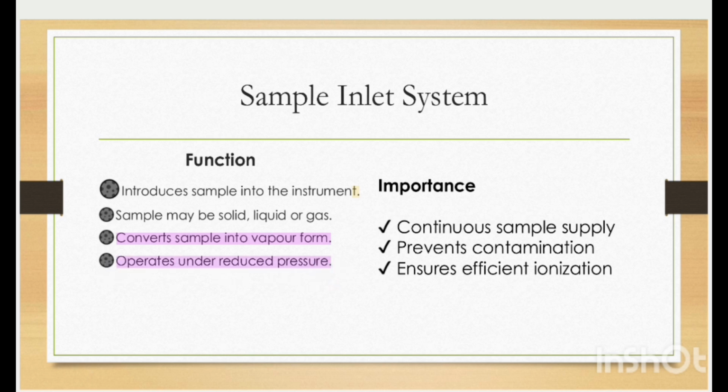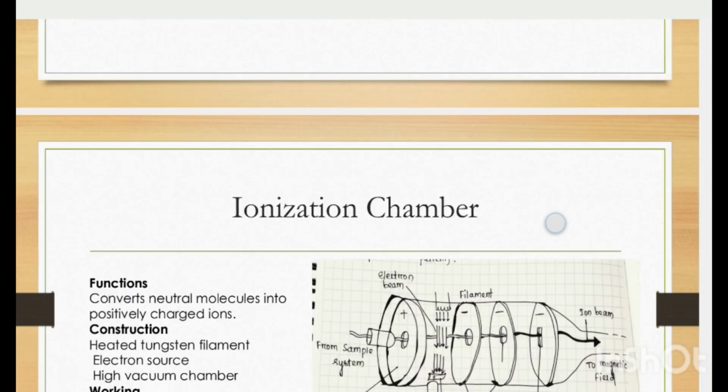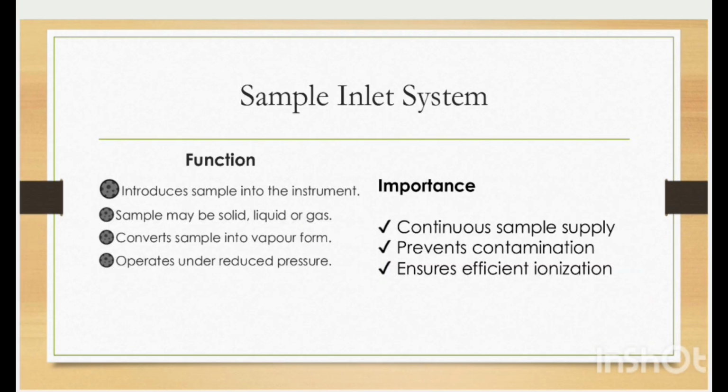Why is it important? Because it provides a continuous sample supply, prevents contamination and ensures efficient ionization. In simple words, the sample inlet system acts like the entrance gate of the mass spectrometer.